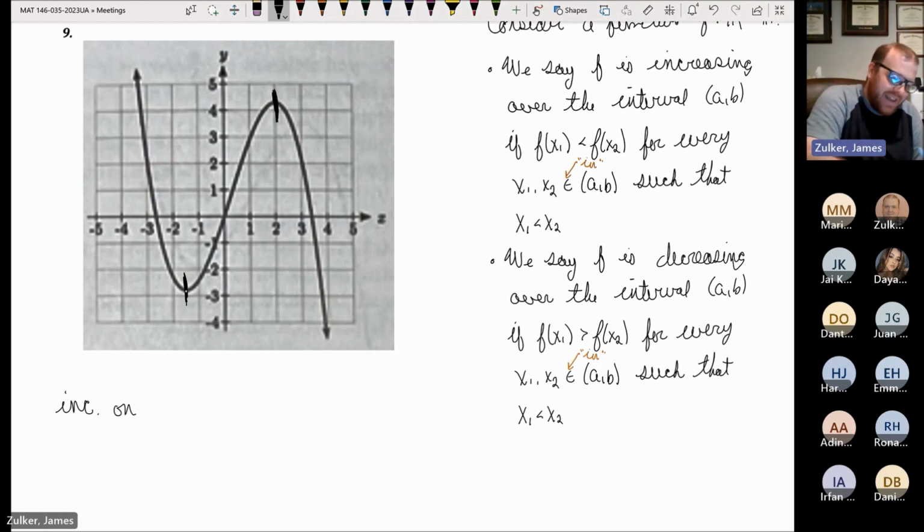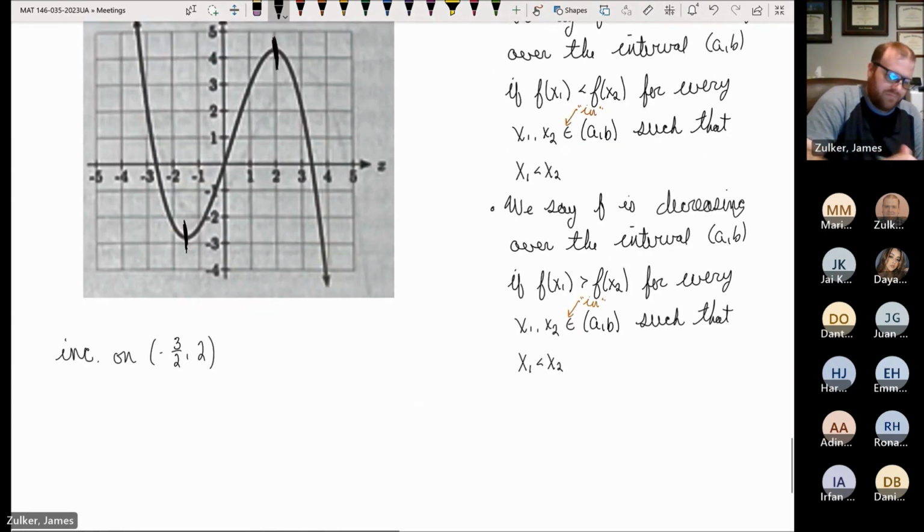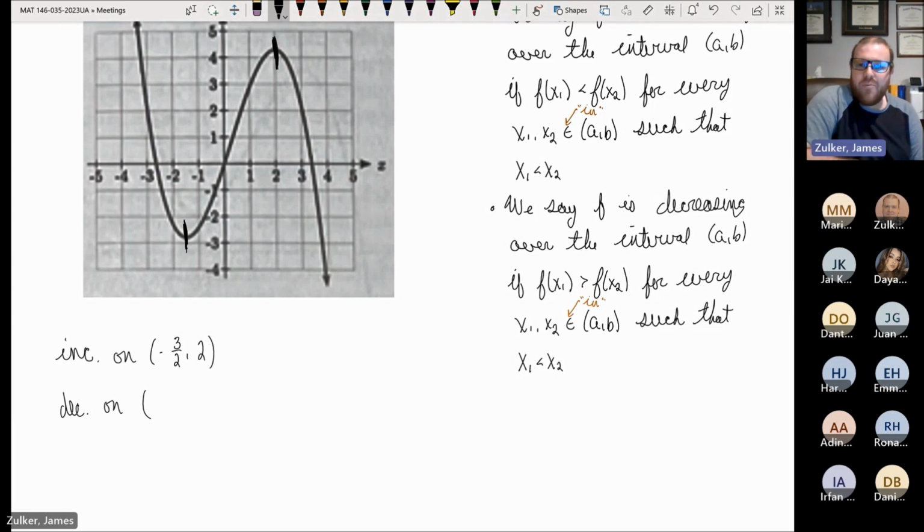Is that exactly -3/2? Don't know. That looks close enough. Now, where is it decreasing?